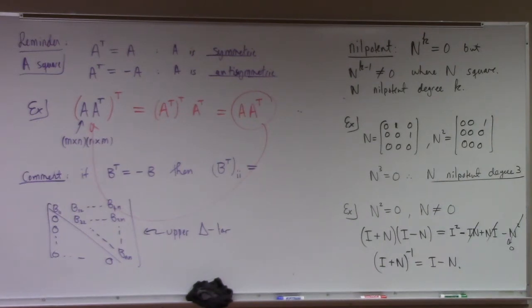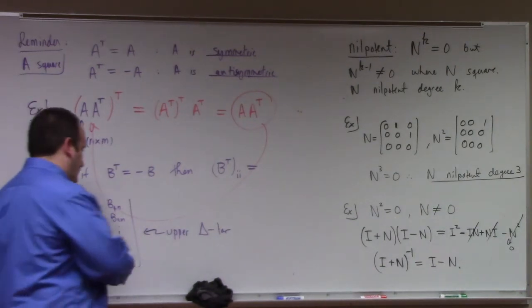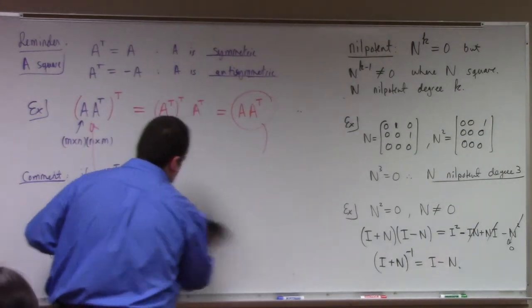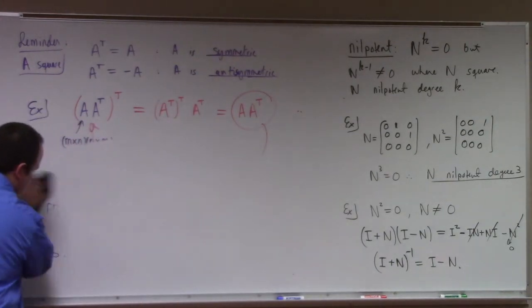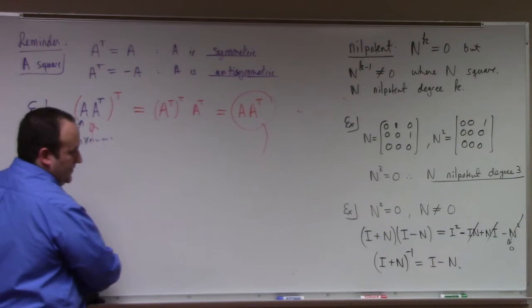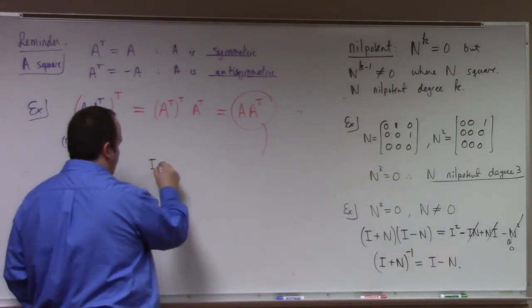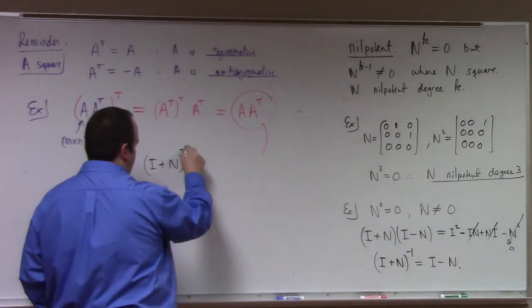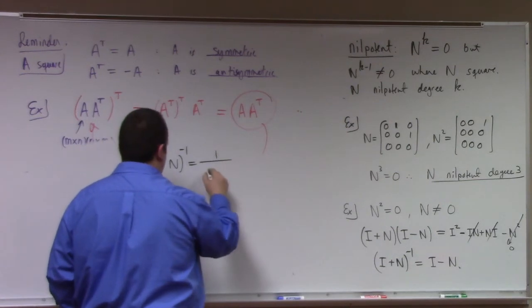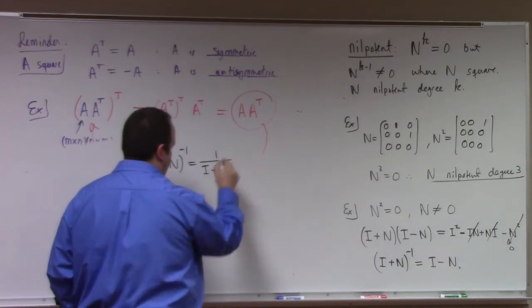You can prove that this is kind of a funny thing, but here's a sort of formal idea. If I have I plus n inverse, what should that be equal to? That's 1 over I plus n, right?